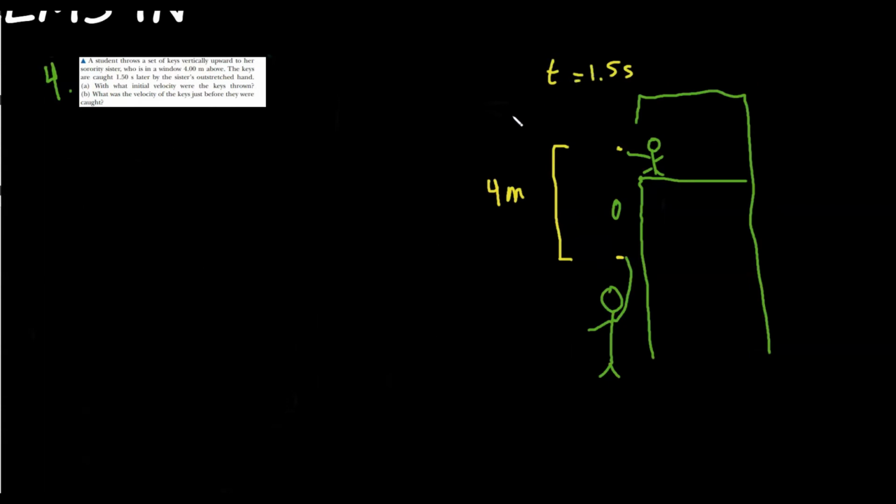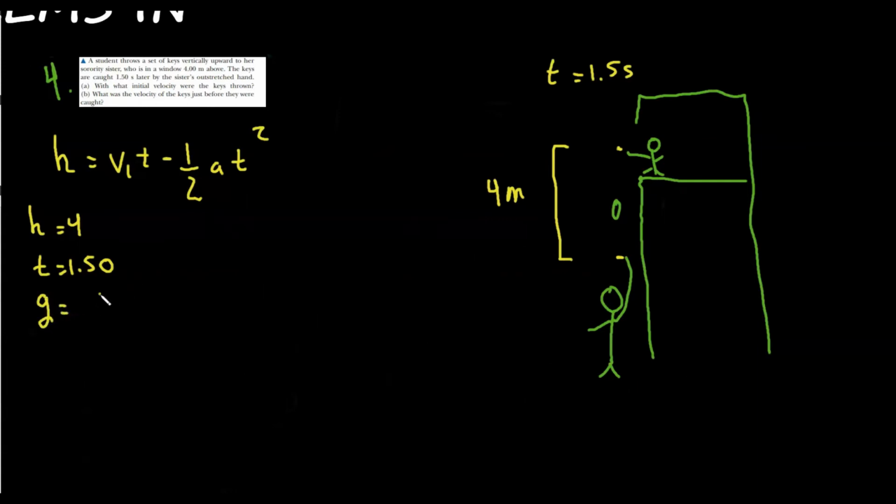So we're going to have to use our free fall equations that are given in your textbook. H, height, is equal to initial velocity times time minus 1/2 a t squared. So we know that h is 4, t is equal to 1.50, and the gravitational acceleration for free falling is 9.8 meters per second squared.